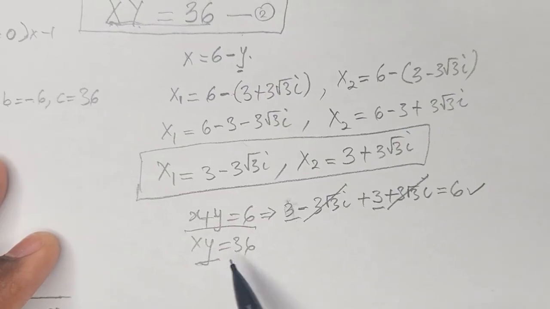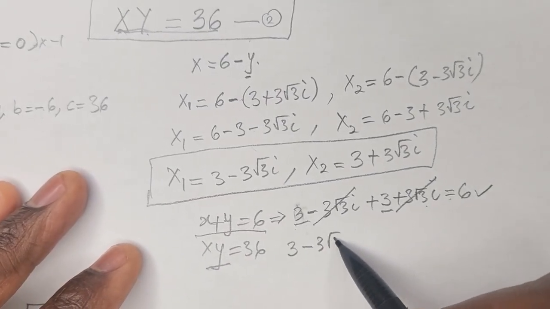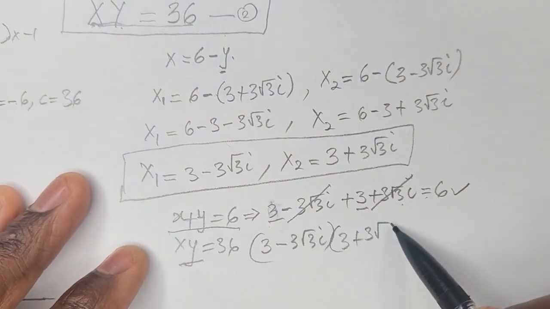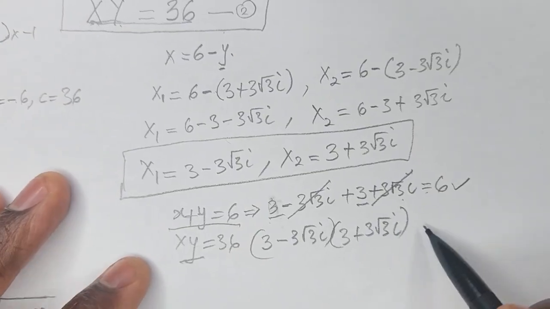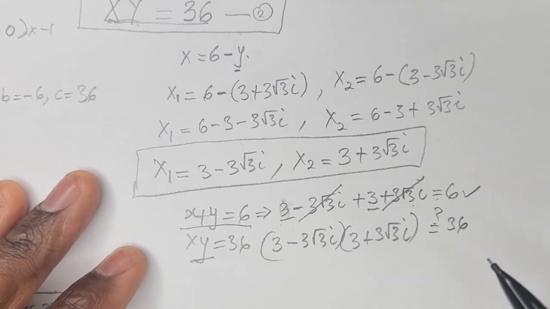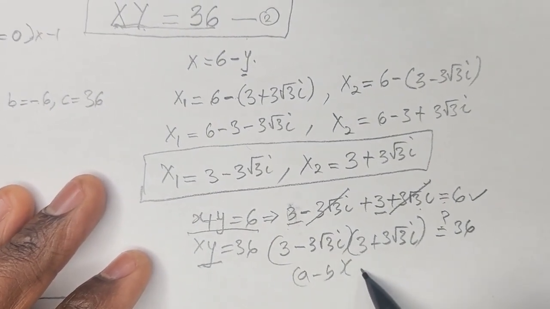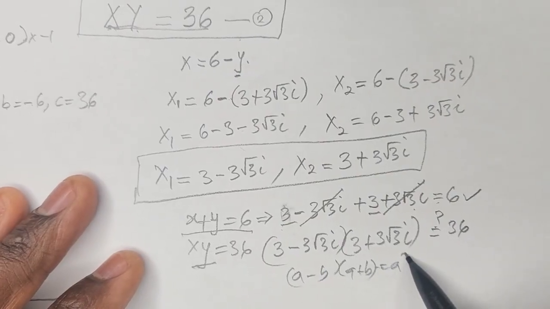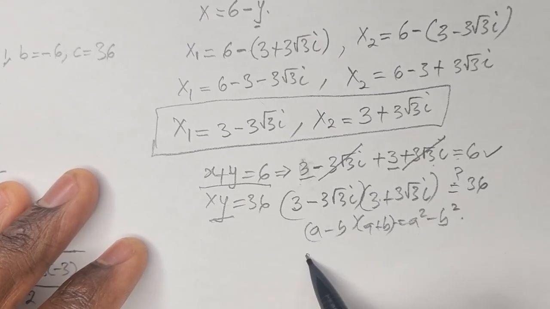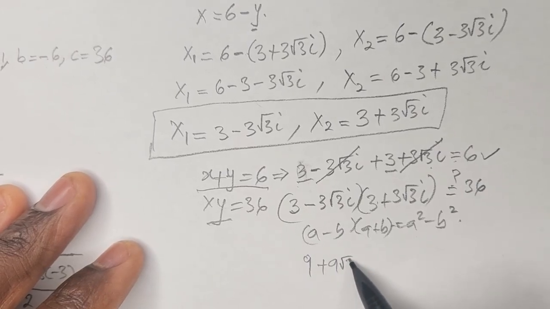Now the next one is this. We're going to multiply both. So we have 3 minus 3 root 3 i times 3 plus 3 root 3 i. Is it equal to 36? Let's multiply. This is the same as a minus b times a plus b, which is a squared minus b squared, but I'm going to multiply everything out. 3 times 3 is 9. 3 times 3 root 3 i is plus 9 root 3 i.